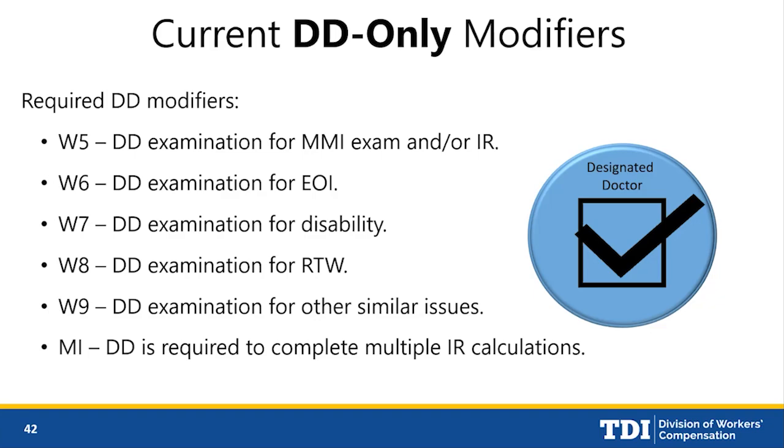It's going to look similar to the DWC Form 32 that you're probably used to seeing, but this is coming from a hearing officer at the division. Again, please do not do multiple impairment ratings unless you are ordered or asked by the division and you have that POD in your hand. Then, of course, use that MI modifier to bill for your extra work.